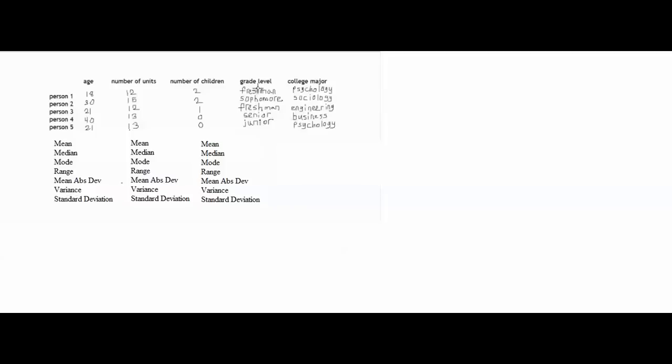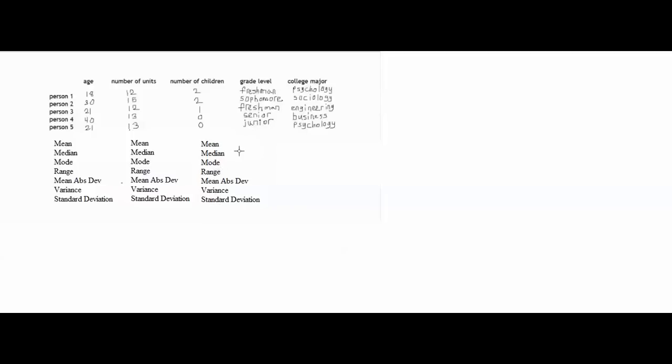But grade level is an ordinal variable. It's a variable that has categories that follow in order, but it doesn't have numbers that stand for amounts. So we actually can't calculate a mean for the grade level column. We can calculate a median and a mode. And if it's not quantitative, we can't calculate any of these measures of dispersion that we've been covering.